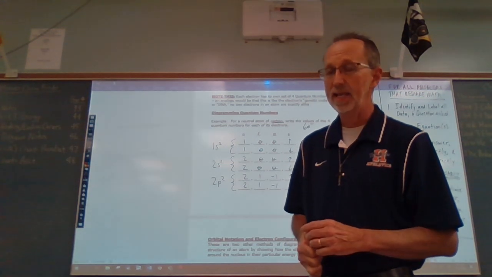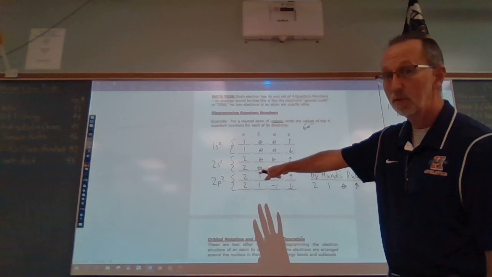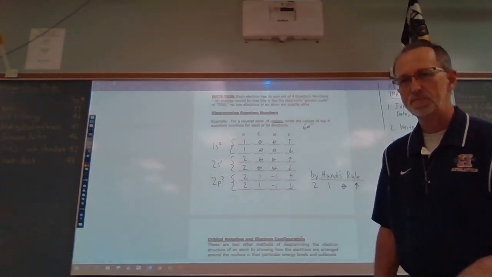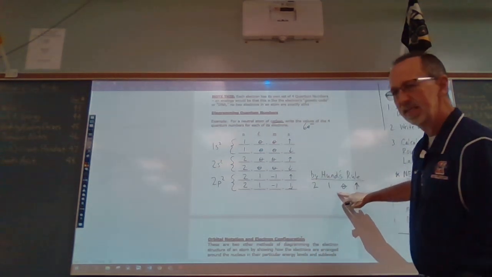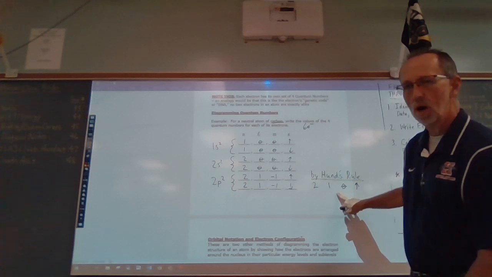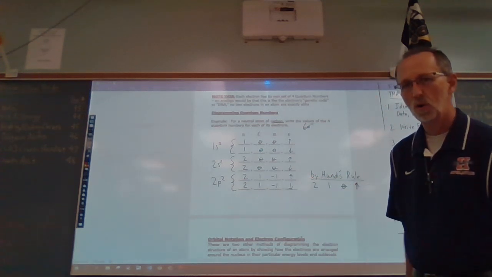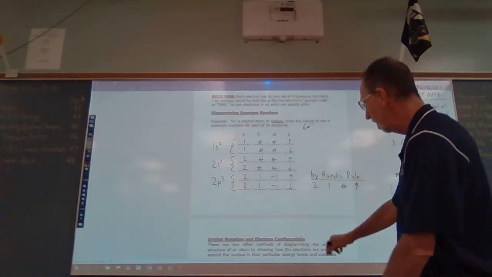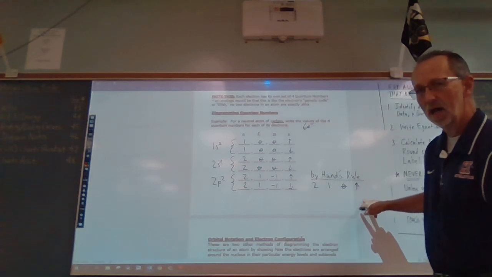So in reality, this is okay in regards to the number of electrons in carbon, but in the exact order that they are filled, this 6th one is actually 2, 1, 0 up, the same spin as 2, 1, negative 1 up. And then, of course, nitrogen, which would be next, the 7th electron would be 2, 1, 1 up.